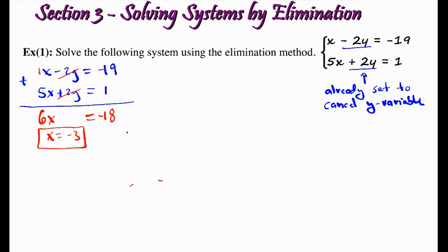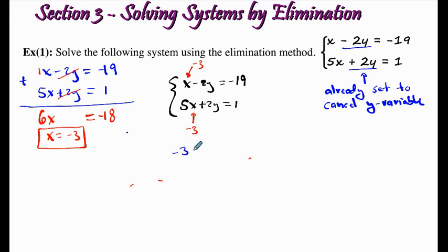Now we take that answer back to our original system. x minus 2y equals -19, and 5x plus 2y equals 1. We will replace the x variable with -3 and solve for y. And if both y's come out to be the same value, then we have confidence that we've done this correctly.